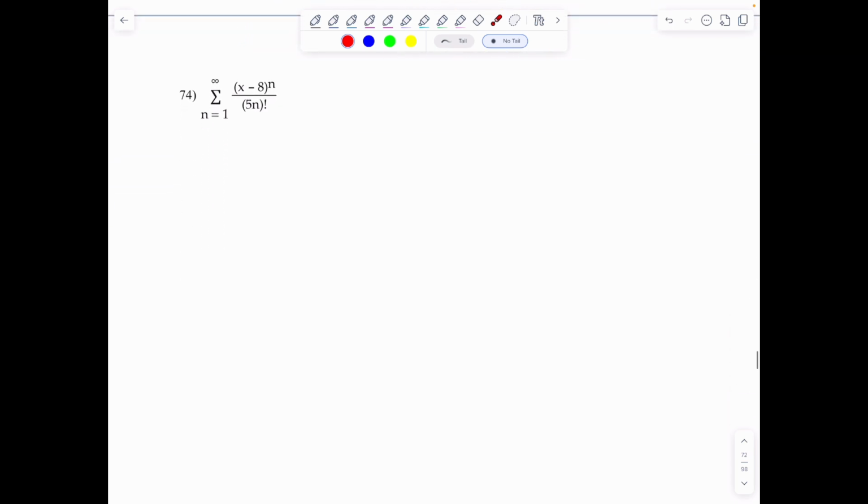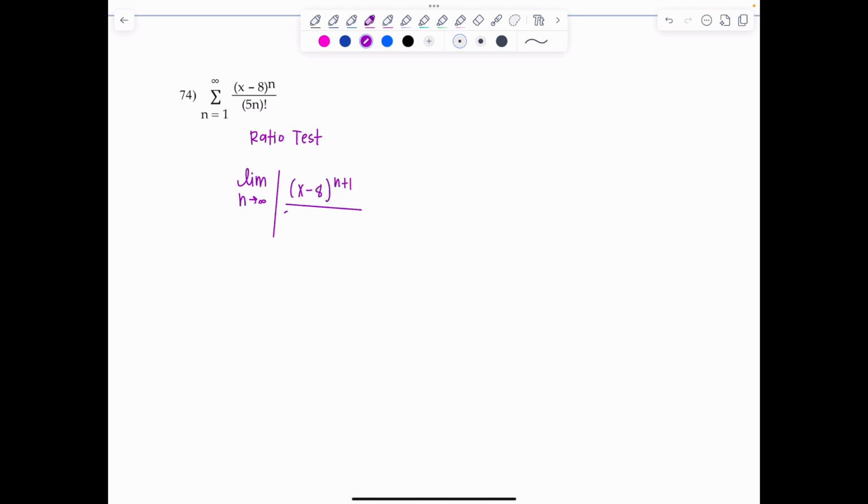Here we have another one. The sum n equals 1 to infinity, x minus 8 to the n over 5n factorial. Hopefully you could see this one is centered at 8, right? Okay, good. Let's start off, we're going to apply the ratio test. So let's look at the limit as n approaches infinity of the absolute value of x minus 8 to the n plus 1.